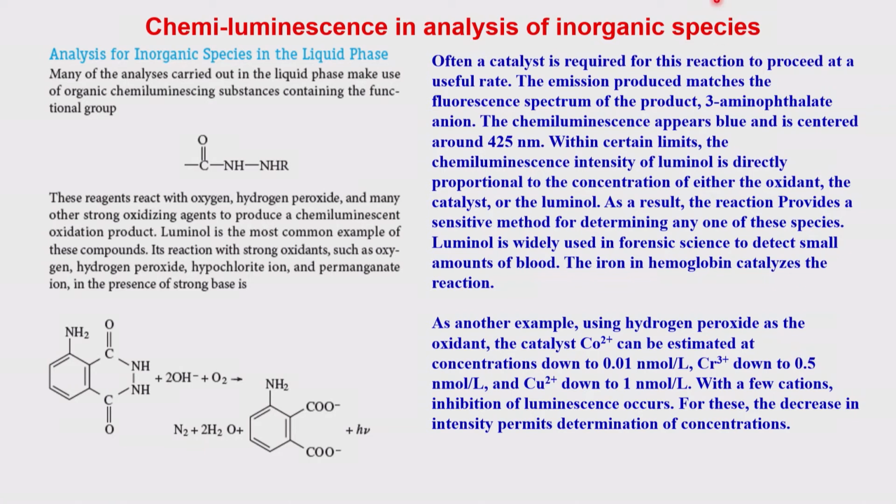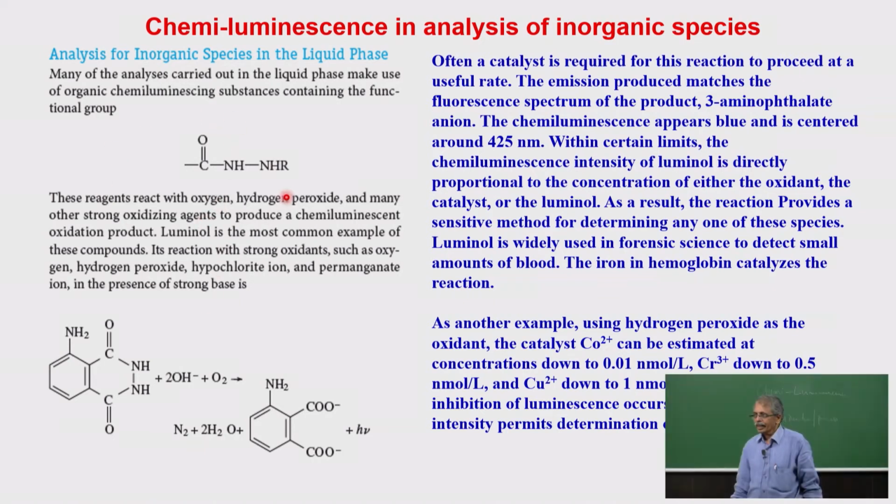Another one which is very commonly used for chemiluminescence is this kind of a group. This group can react with hydrogen peroxide in basic conditions, and can result in some kind of a species like that. So you can follow the chemiluminescence. Here again there is no lambda excitation.